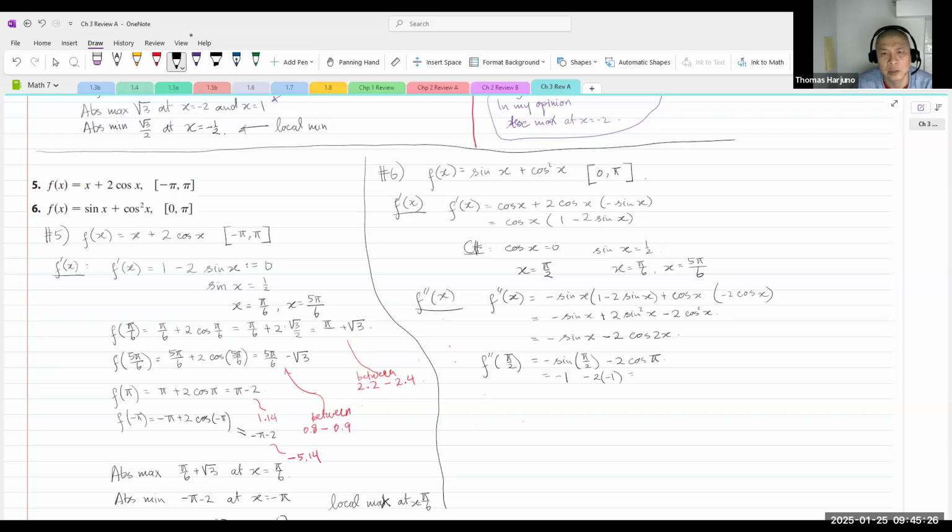So this is positive 1. From there, we see that the second derivative is positive, so that will be a local minimum at x equals pi over 2. But when I plug in pi over 2 here, that's 1.